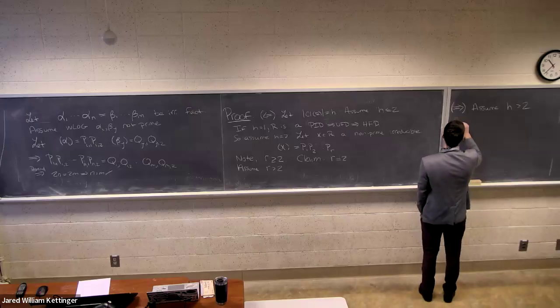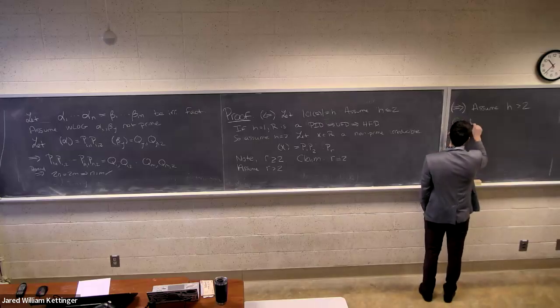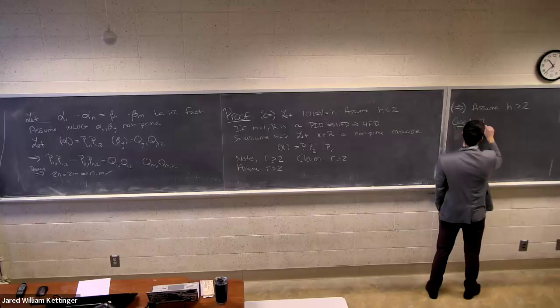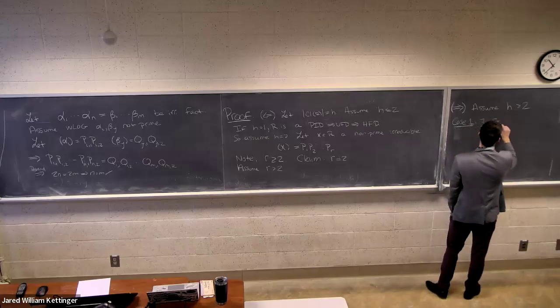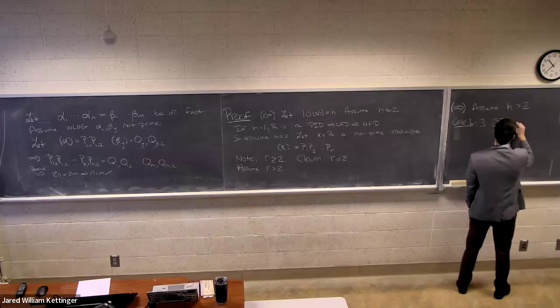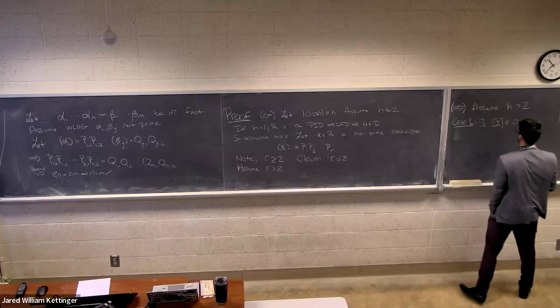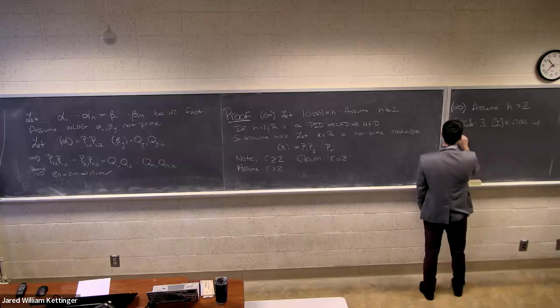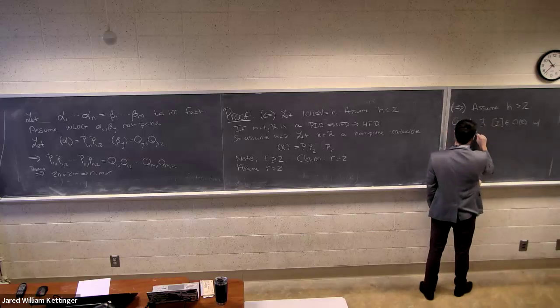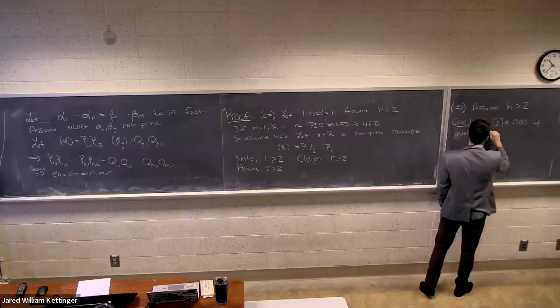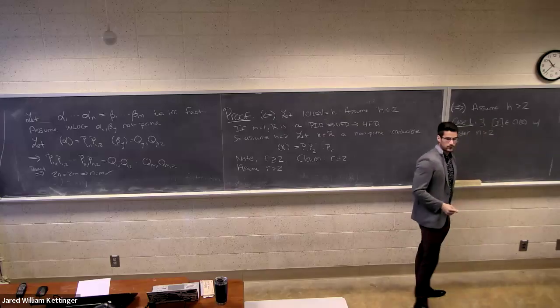So we're going to break this down into 2 cases. Case 1 is going to be that there exists some element in the class group with order n greater than 2.